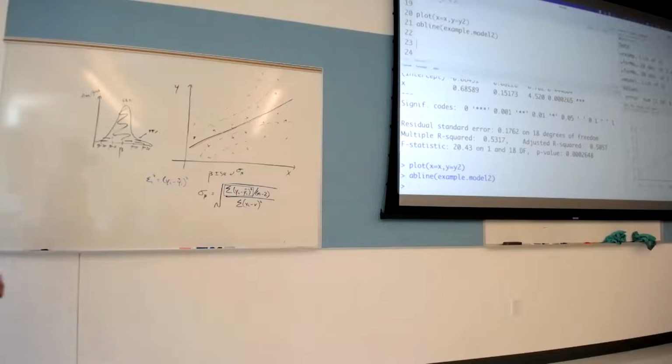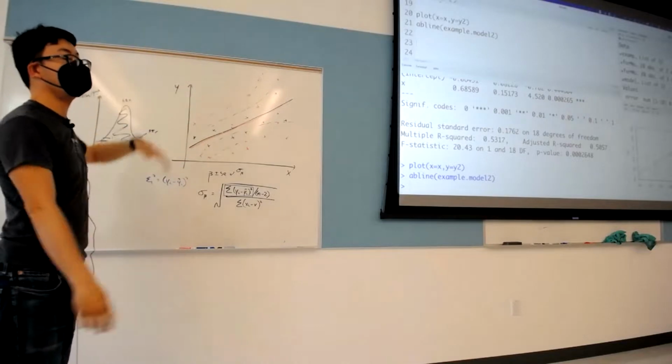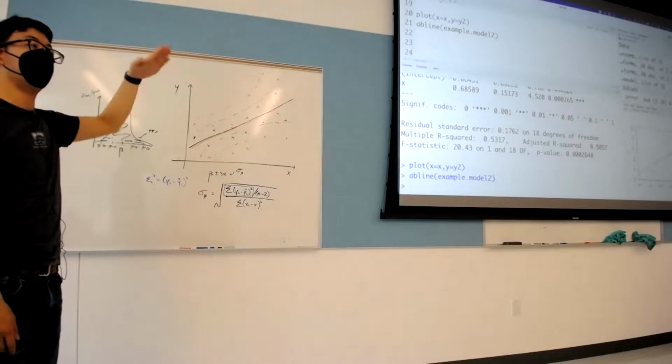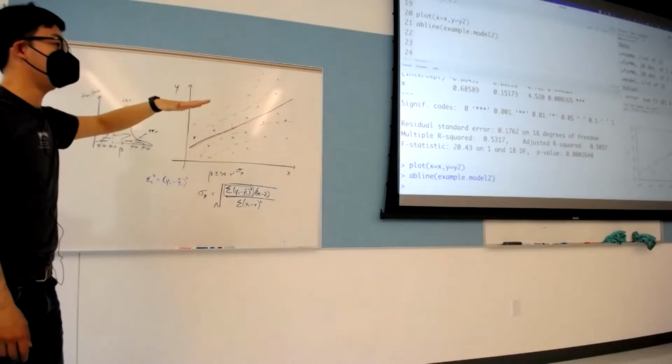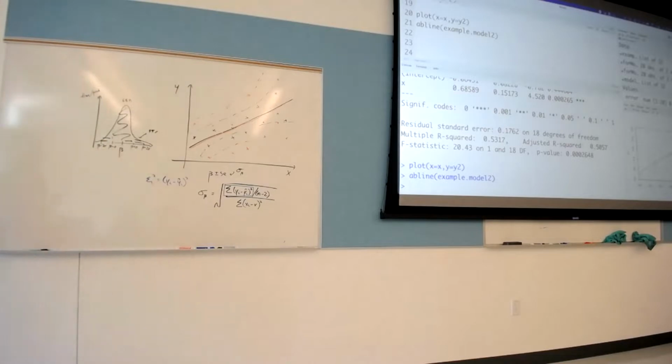Great, and we can see the same type of thing as before, but again, the points are a little bit more dispersed, so it makes sense that your standard error would be larger to accommodate the greater uncertainty of the fact that the points are more spread out.